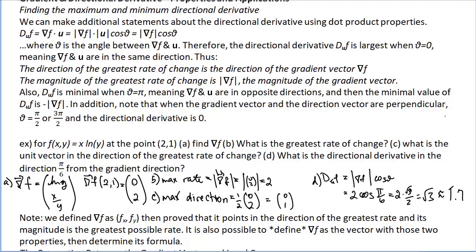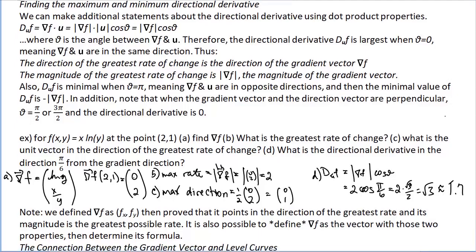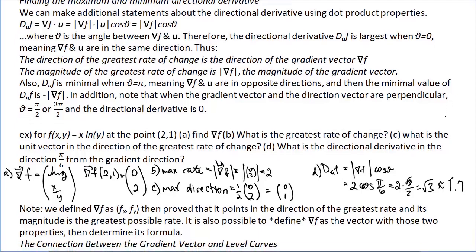Okay. So now we go on to another aspect. It turns out there's a relationship between the gradient vector and level curves. This is going to be another property. So let's take a look.